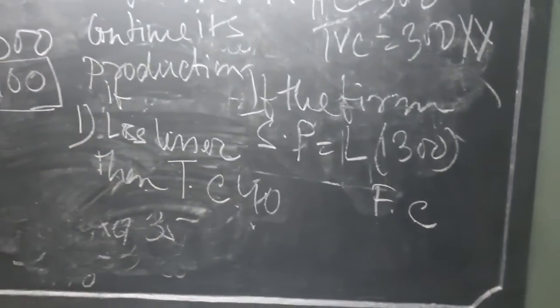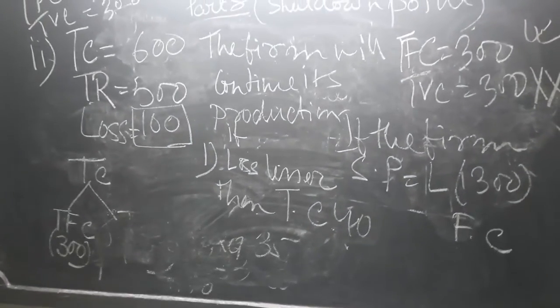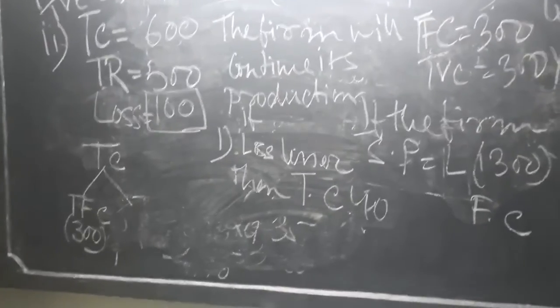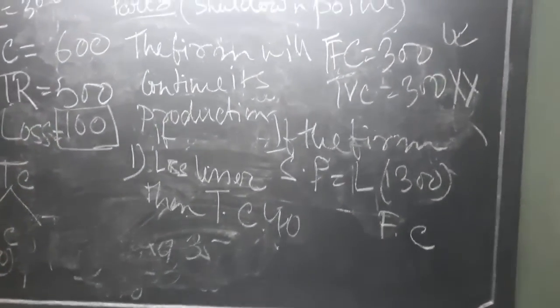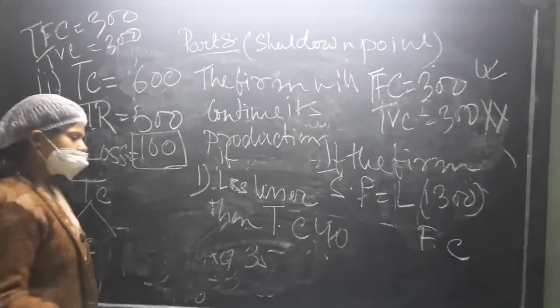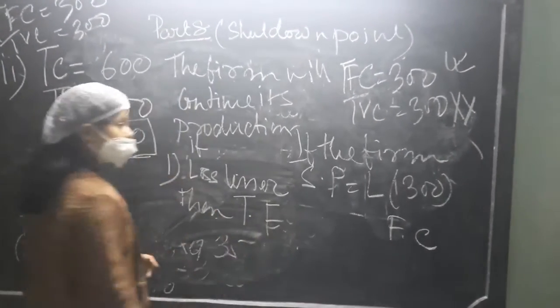What is my loss? Your loss is 100, and what is my fixed cost? That is 300. So if the loss is lesser than the fixed cost, the firm will continue the production in the short run.